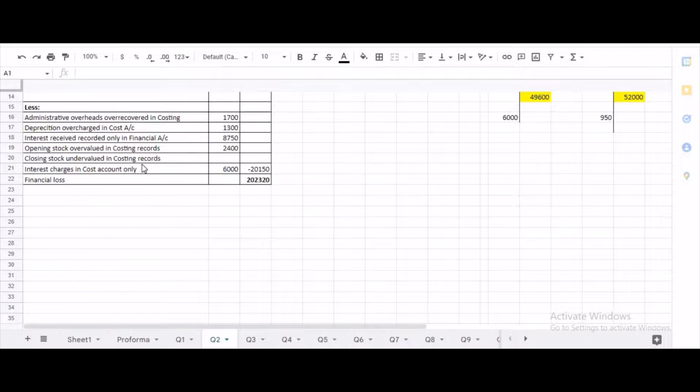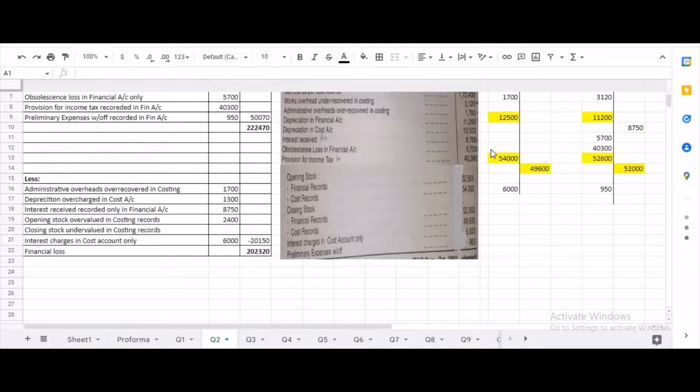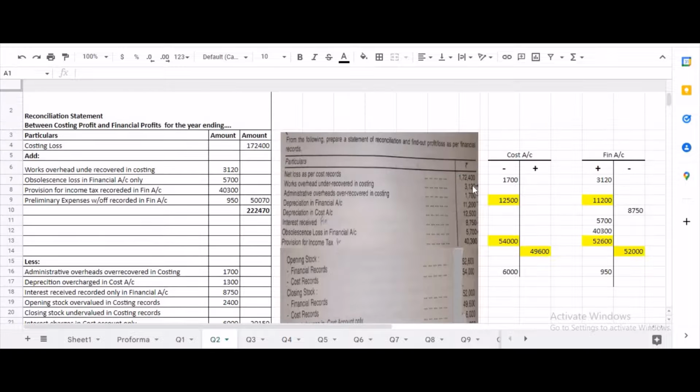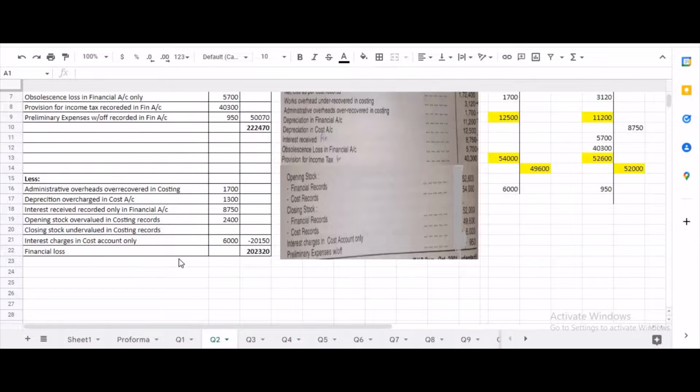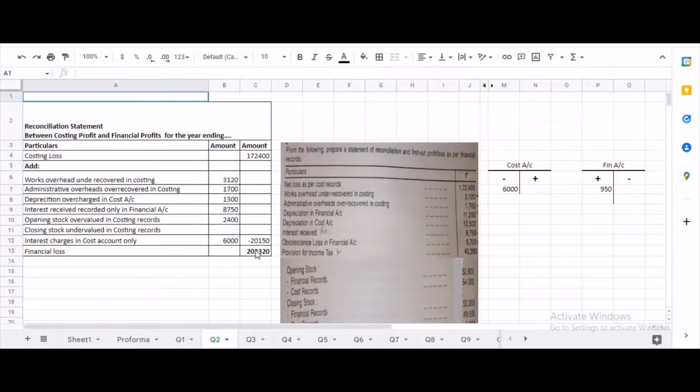Interest charge in the cost account is 6,000. We have to minus from the cost account to find the financial loss. So the minus will be 20,150. Then 2,22,470 minus 20,150 is 2,22,320, the final answer.